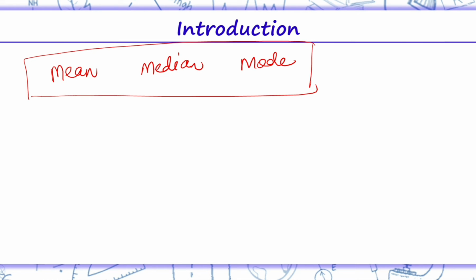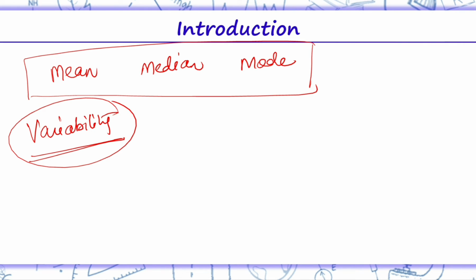So when we talk about the central values, we have mean, median, mode. These are basically not sufficient to give information about a distribution. So we have another term which is variability. This is another factor which is required to be studied in statistics.